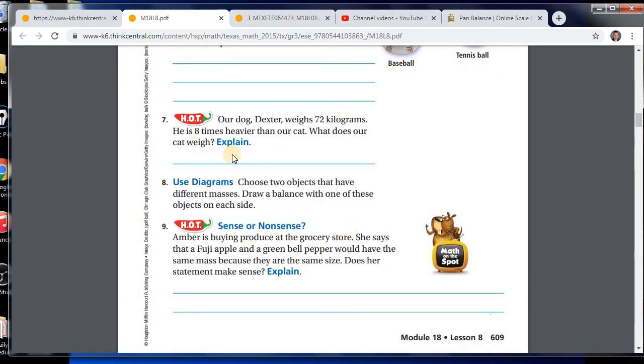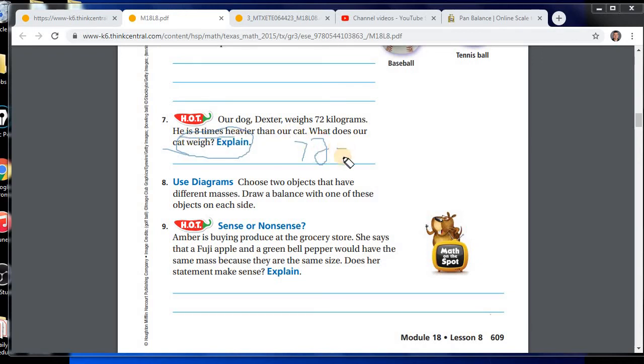Looking at this question: our dog Dexter weighs 72 kilograms. He is 8 times heavier than our cat. What does our cat weigh? Okay, so what are we doing here? We have the dog weighs 72 kilograms, and it's 8 times heavier.